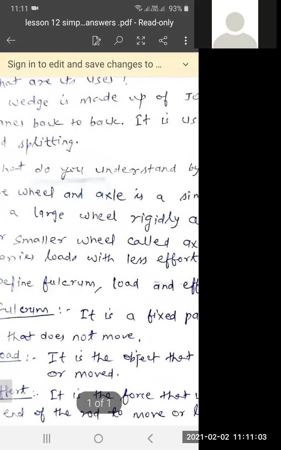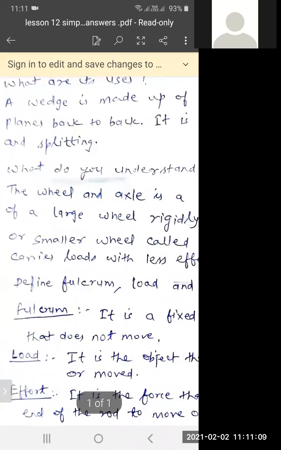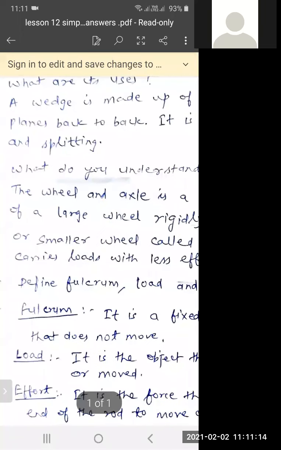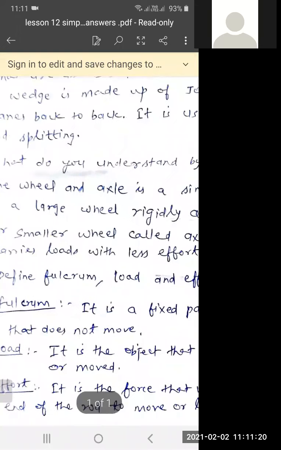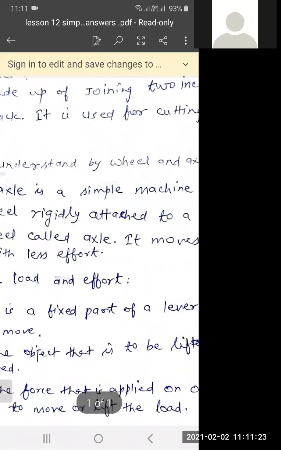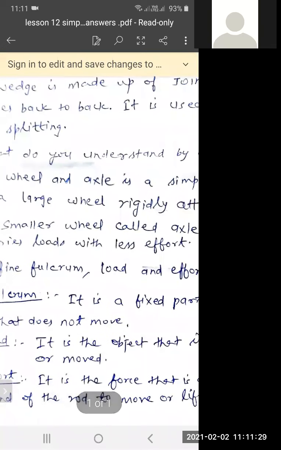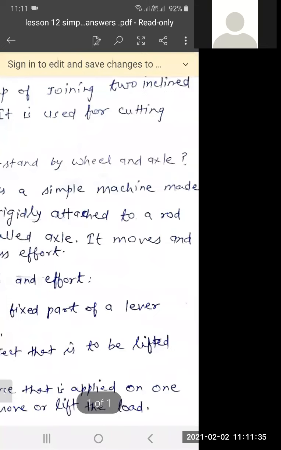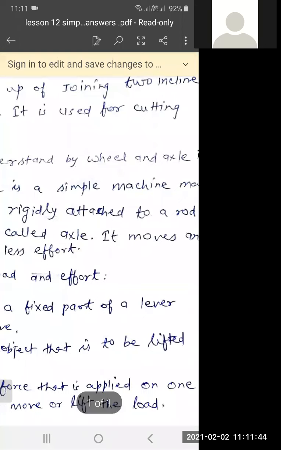The wheel and axle is a simple machine. Please write down. The wheel and axle is a simple machine made of a large wheel rigidly attached to a rod, ठीक है?